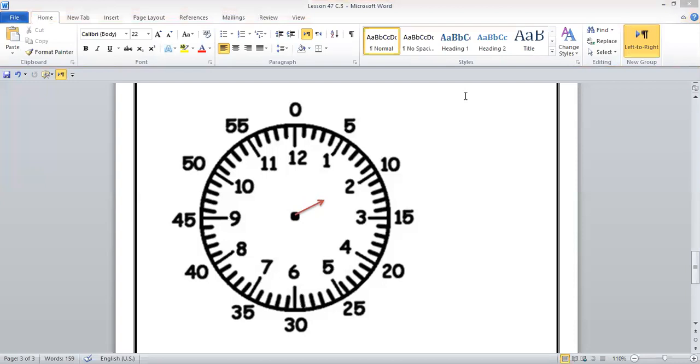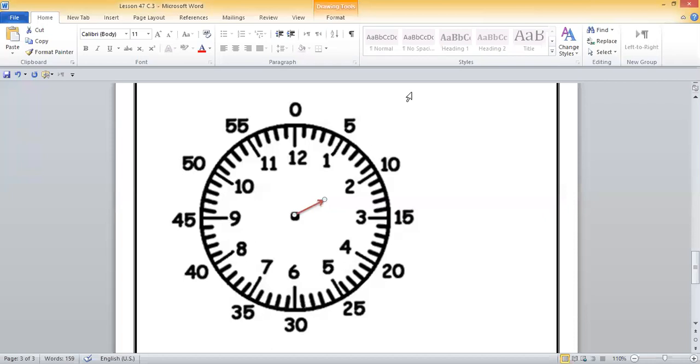Can you tell me what time is it? Can you tell me the number of hours? 2 o'clock. That's very good. We will practice only hours right now, for 4 to 5 questions. Then I will add a minute hand also.